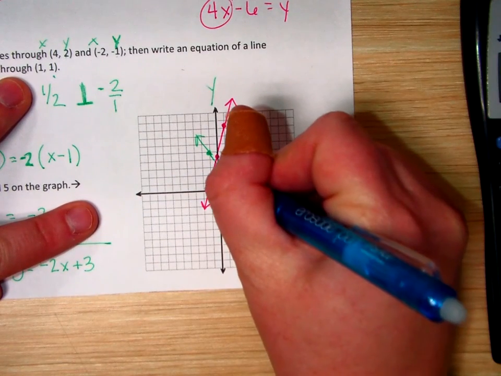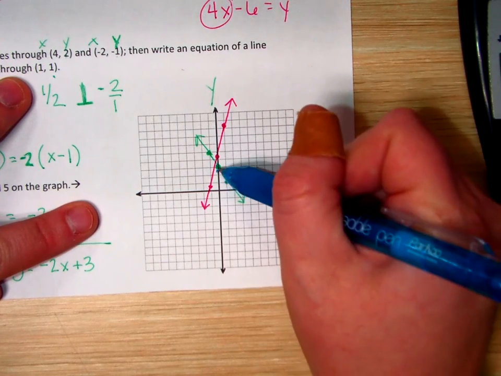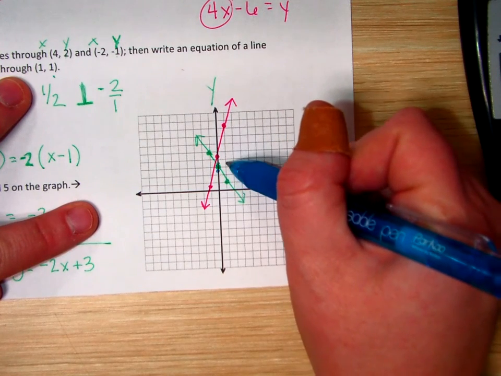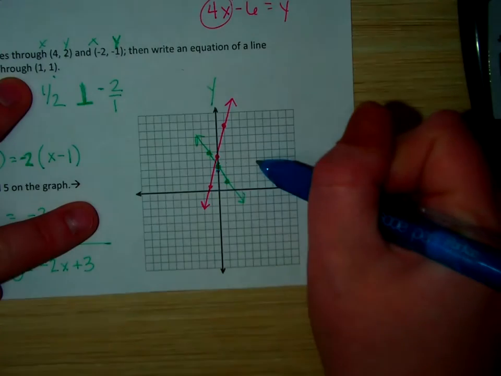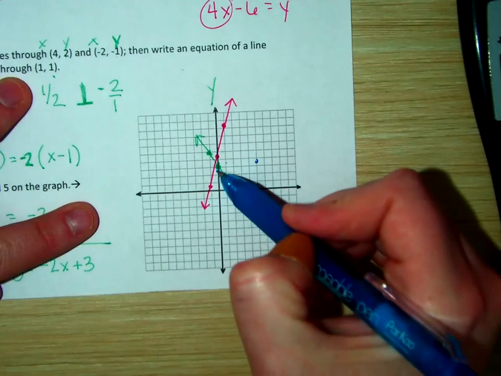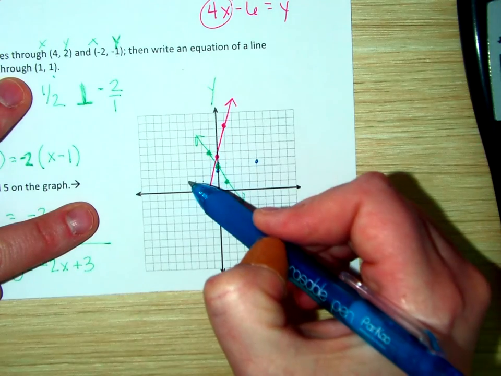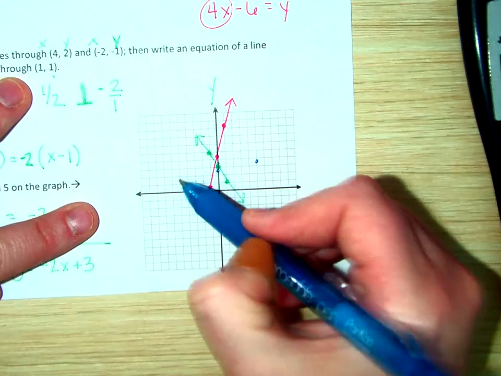My slope is 1/5, so I'm going to go up 1 and over 5: 1, 2, 3, 4, 5. Sorry, my lights just went out. I'm going to go down 1 over 5: 1, 2, 3, 4, 5. And then graph that line.